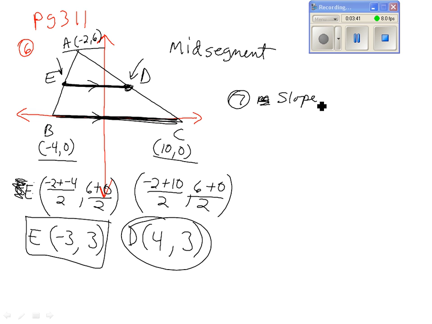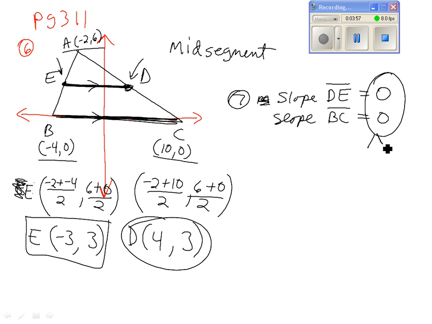Slope of DE, segment DE, equals 0. Slope of BC equals 0 because they're both horizontal. Well, if the slopes are the same, then they are parallel to each other.